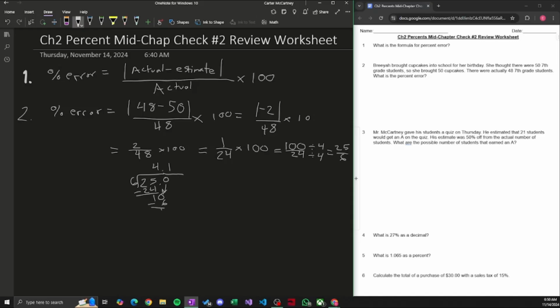We get 4. That's a remainder, so we need to bring down a 0. 6 goes into 40 6 times. We can subtract 36, and we're left with 4. Still, we got a remainder, so we can bring down another 0.